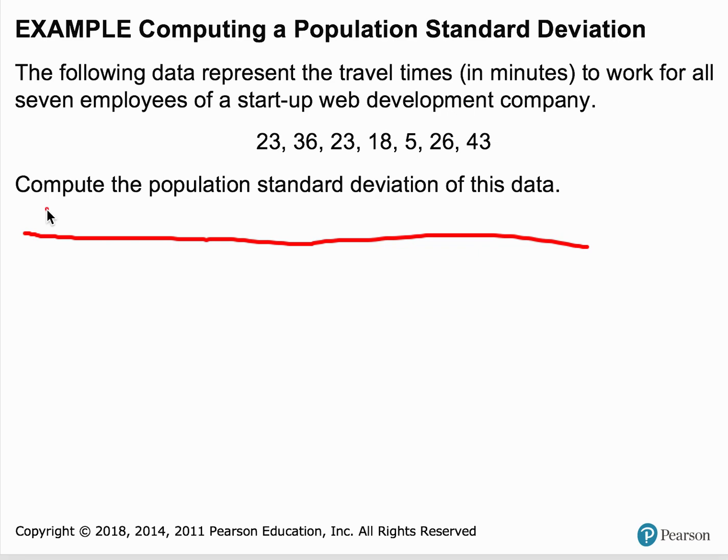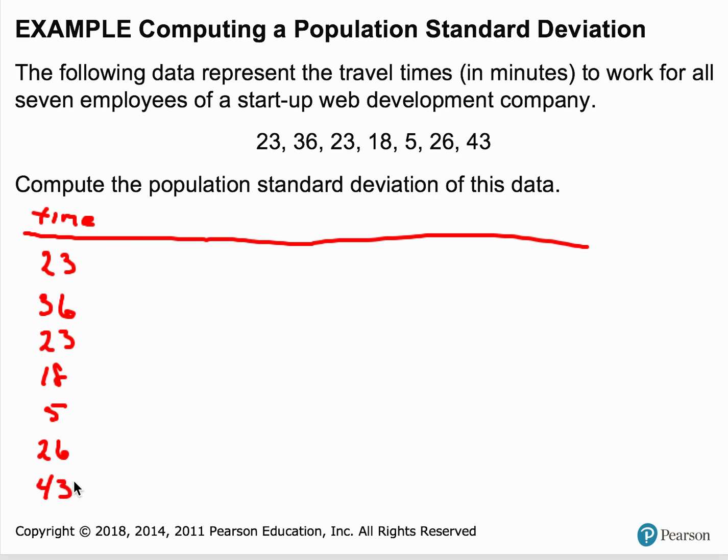Okay, so first of all, I'm going to list my time, right? These are our x values. So I'm just going to list them. 23, 36, 23, 18, 5, 26, and 43.